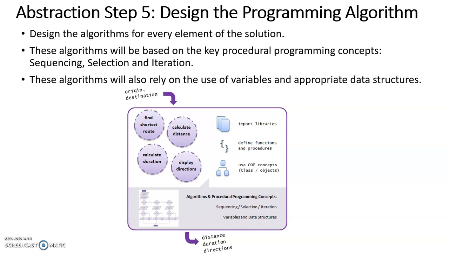Previous lecture. So we're on step 5, abstraction step 5, which is to design the programming algorithm. Of course, we've gone through step 1, step 2, step 3, and step 4. So at this point, we want to design the algorithm.